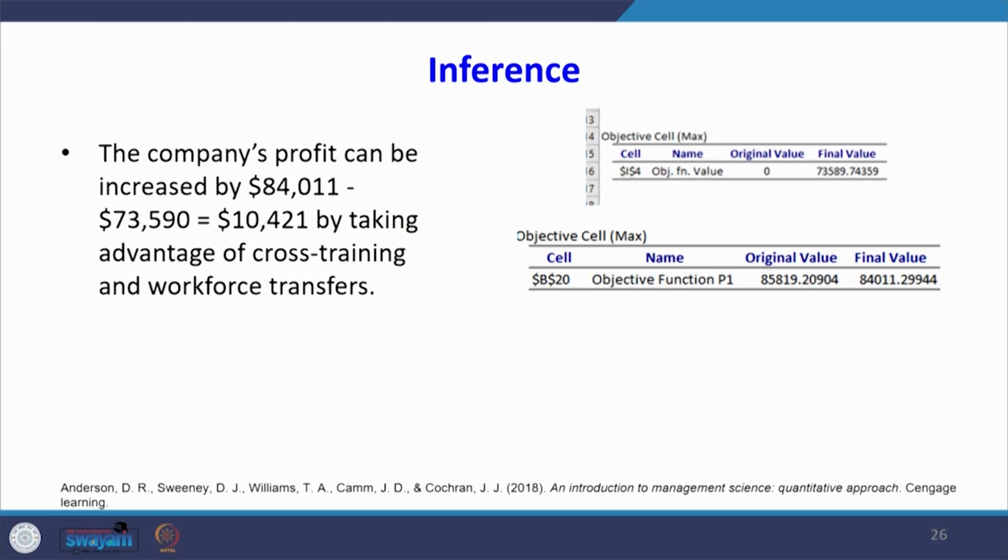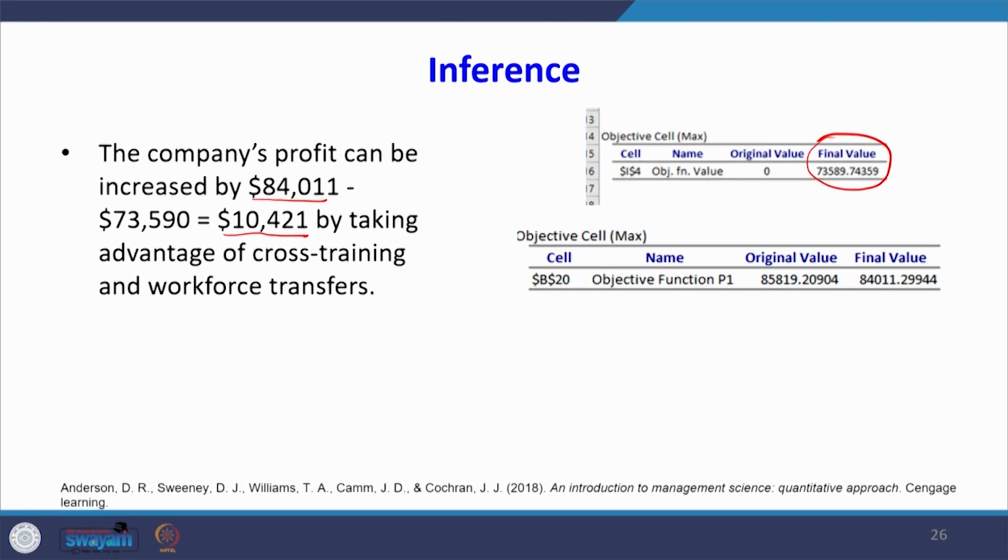The first inference is the company's profit can be increased by 84,011 minus 73,590 equal to 10,421 by taking advantage of cross training and workforce transfers. So, what is the meaning? Without cross training, 73,589.74 was the value of our objective function.